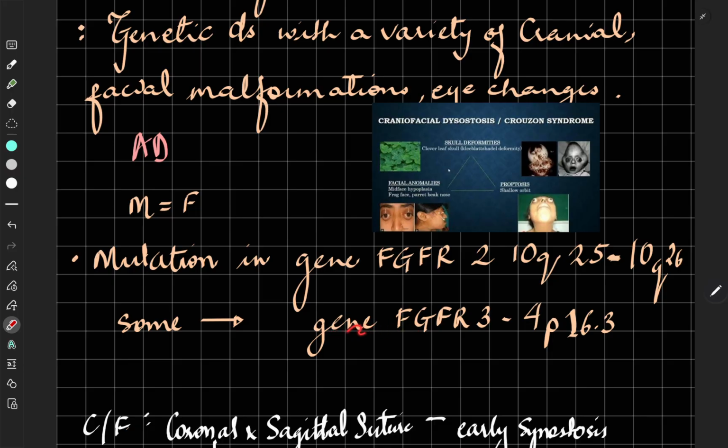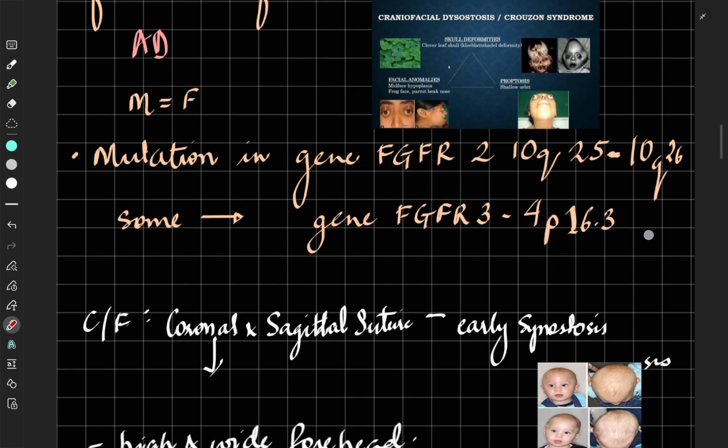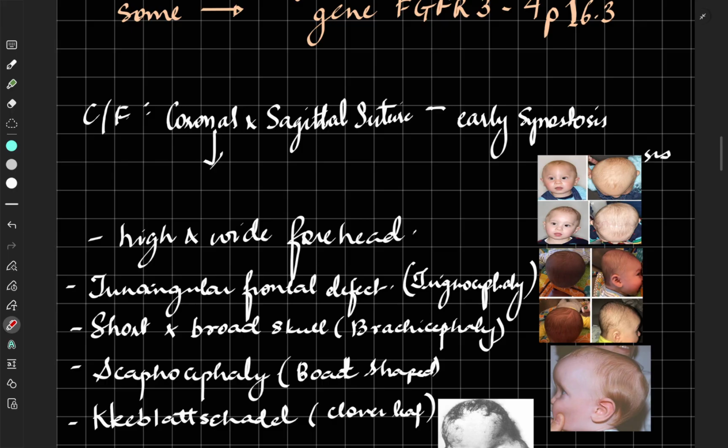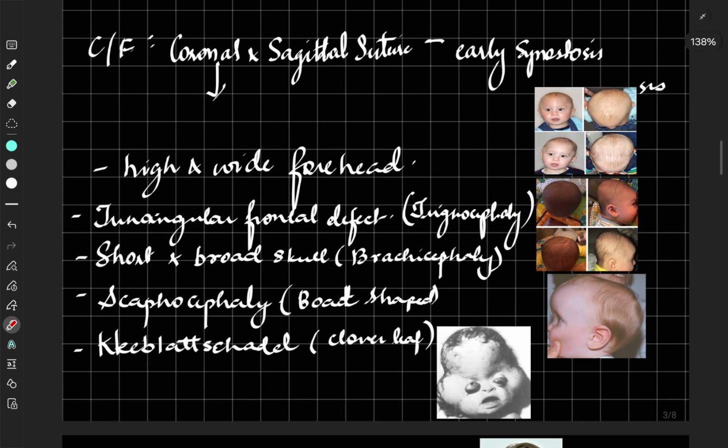In some cases the gene involved is FGFR3 at chromosome 4p, region 1 band 6 and subband 3. I have taught you to read chromosome in the first lecture of the first video of developmental anomalies. So if you don't remember, go back and study that, or just watch it.